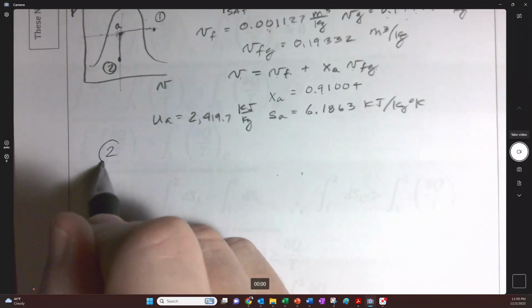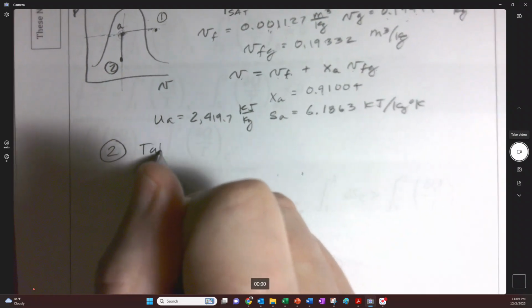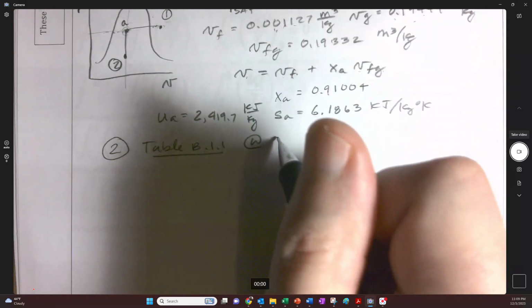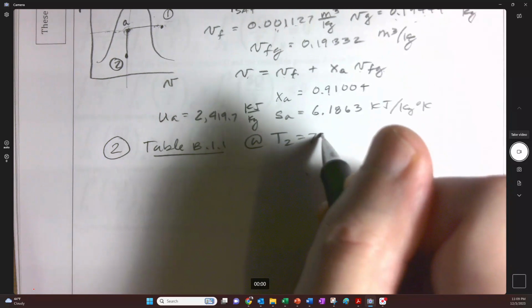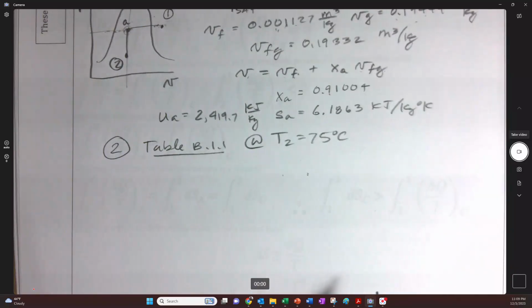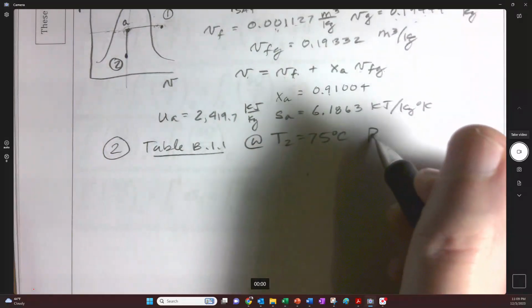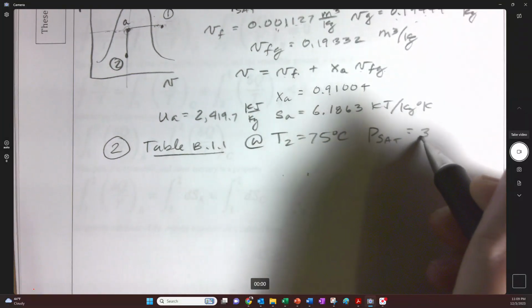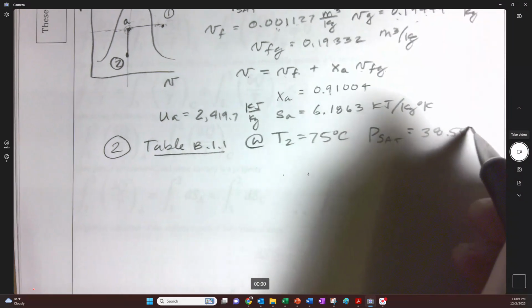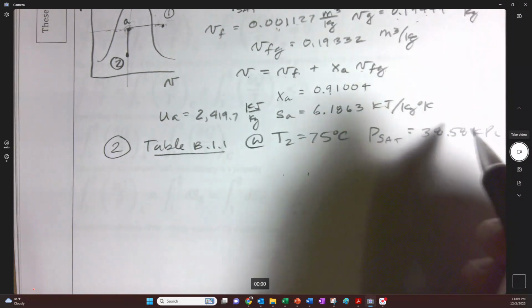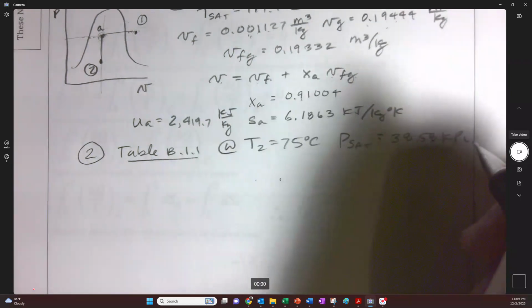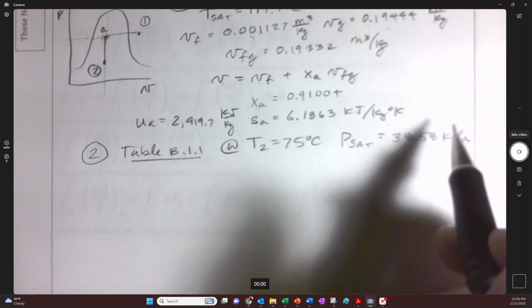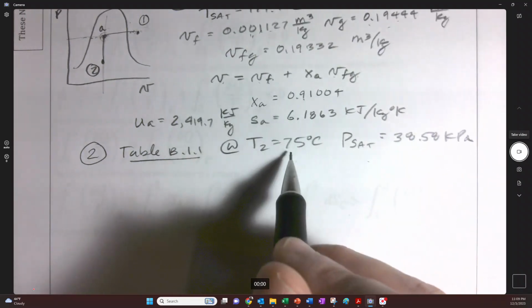So we're going to go to state 2, and that's going to be at table B.1.1 at T2 equals 75 degrees Celsius. Notably, that P sat, so the pressure has now been allowed to go down, is 38.58. So that's in a vacuum region, by the way. We're taking enough heat out that we have created a vacuum inside this.